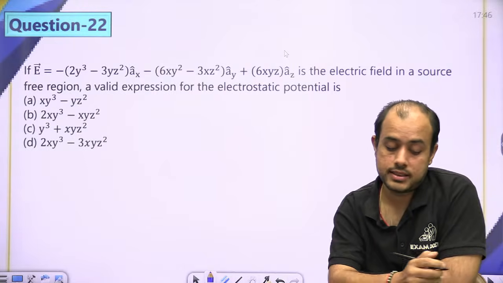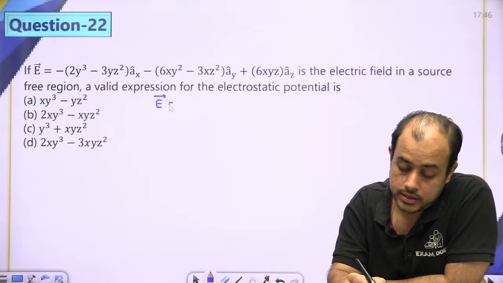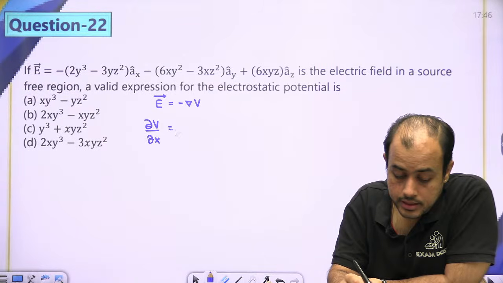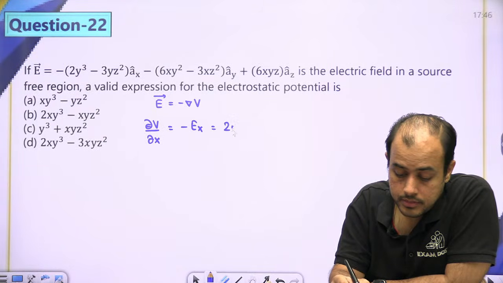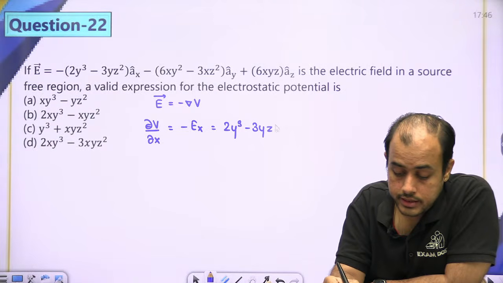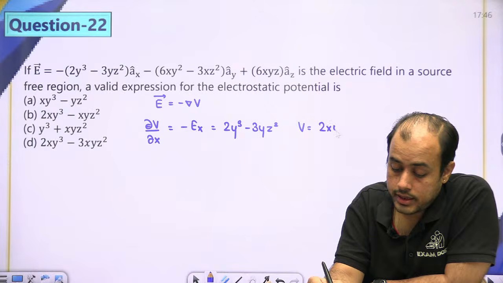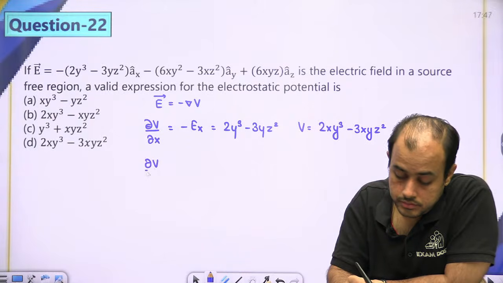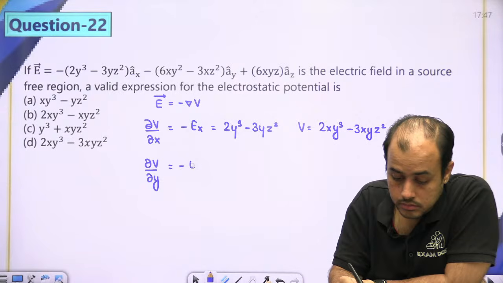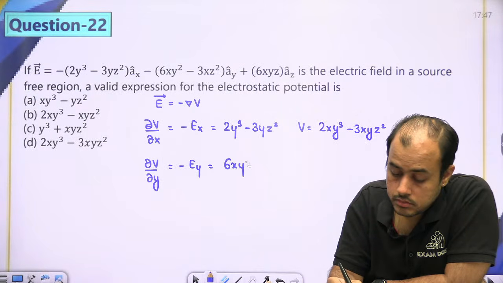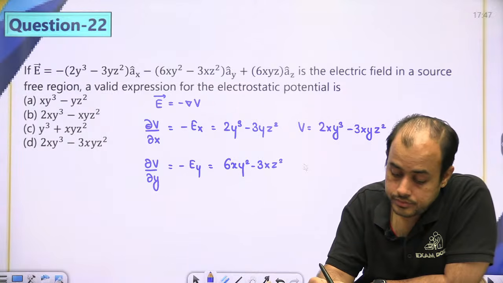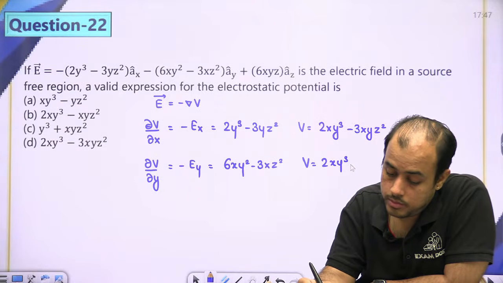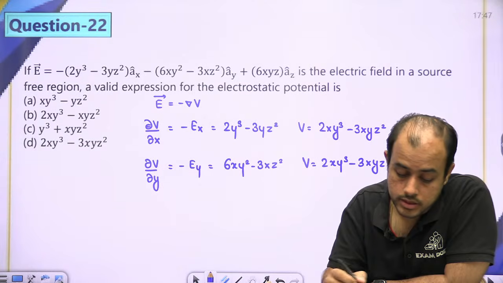Electric field is given. What is the expression for potential? Del V by del X is minus Ex. 2y cube minus 3y z square, 2xy cube. x y cube minus 3xy z square.